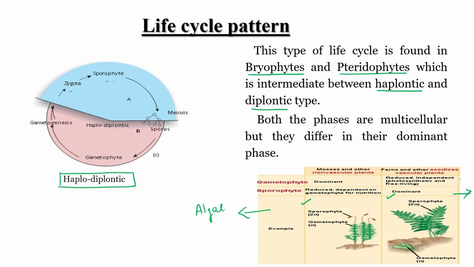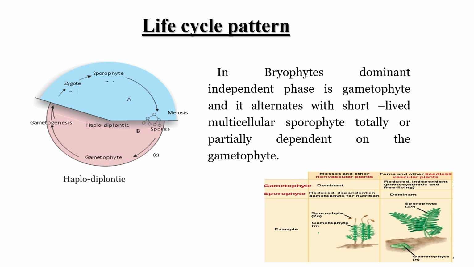Okay, both the phases are multicellular, but they differ in their dominating phase. As you can see in this particular picture, this one also has a gametophytic phase and a sporophytic phase, right? But here in bryophytes, you can easily recognize that the gametophytic phase is the dominating one. The sporophytic phase is a part of the gametophytic phase.